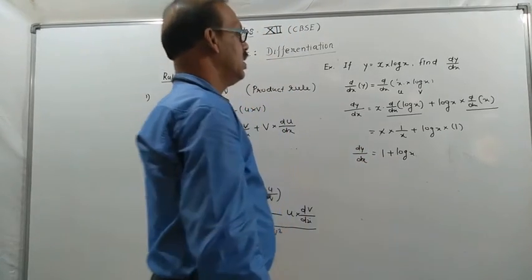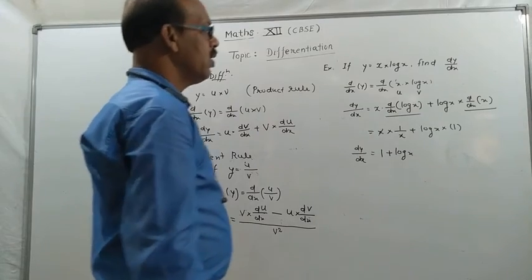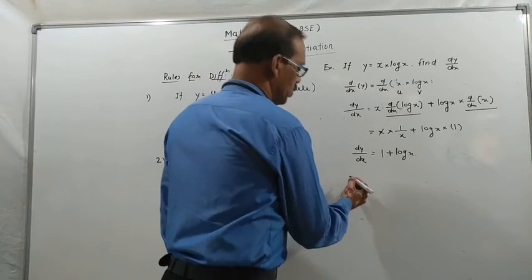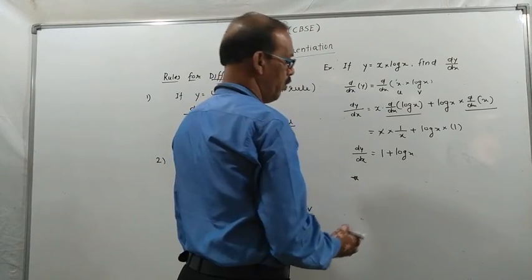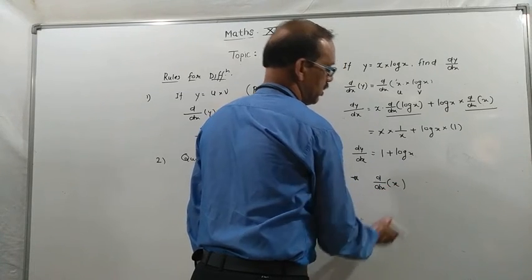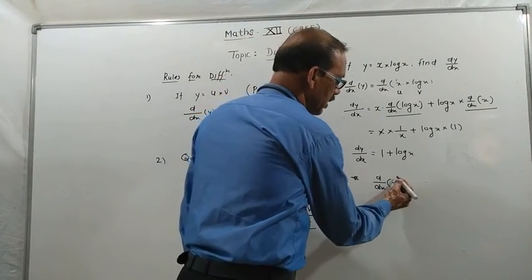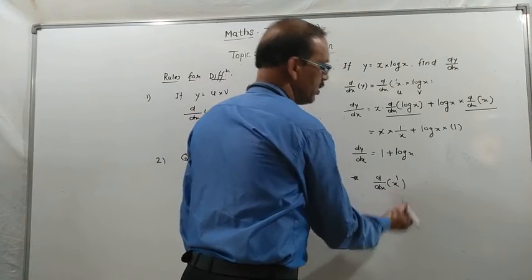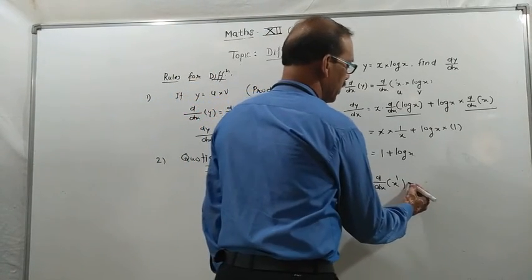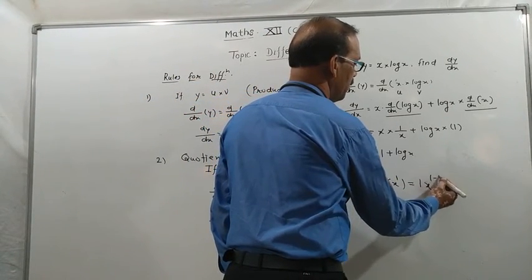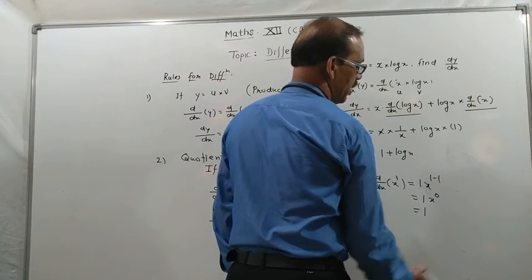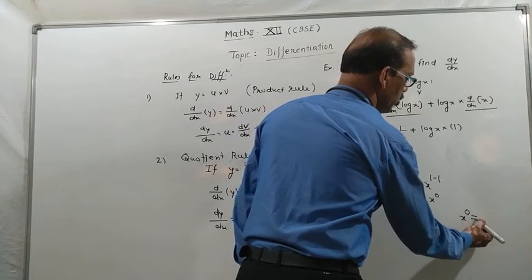Now, why is the derivative of x equal to 1? I explain using the formula: d/dx of x can be expressed as d/dx of x to the power 1, that is equal to 1 times x to the power 1 minus 1, that is equal to 1 times x to the power 0, that is equal to 1, and any number raised to the power 0 is always 1.